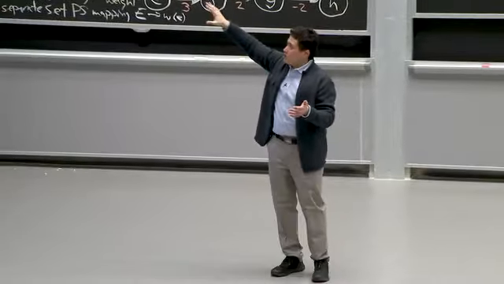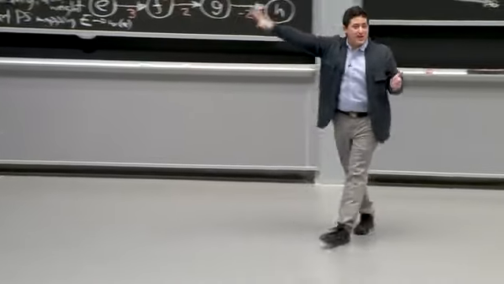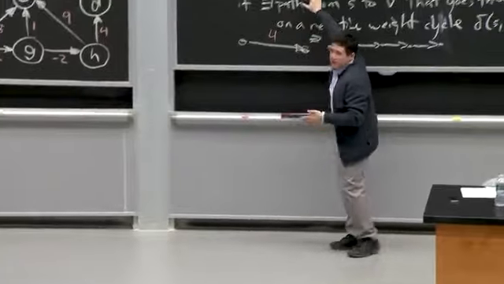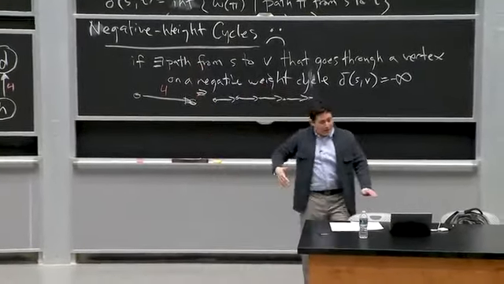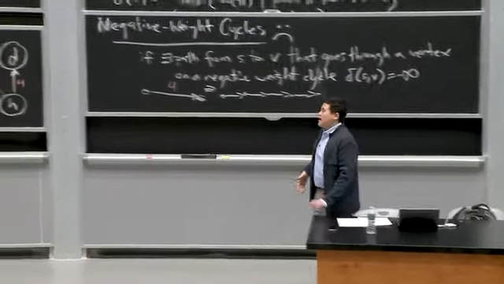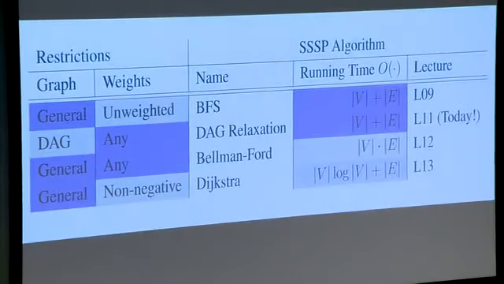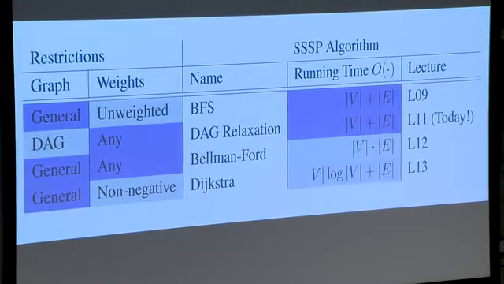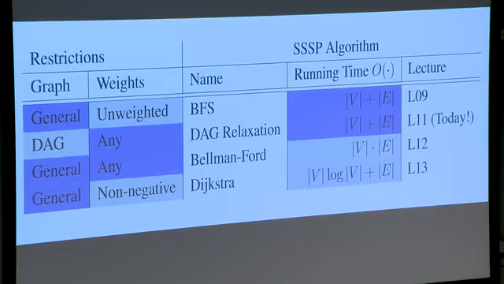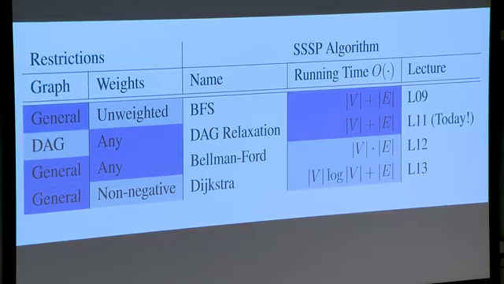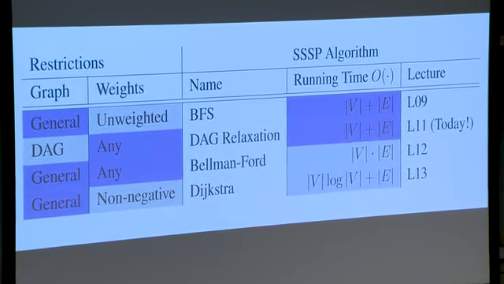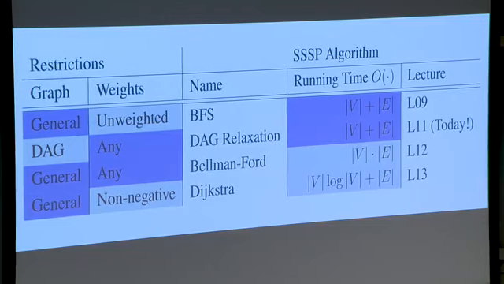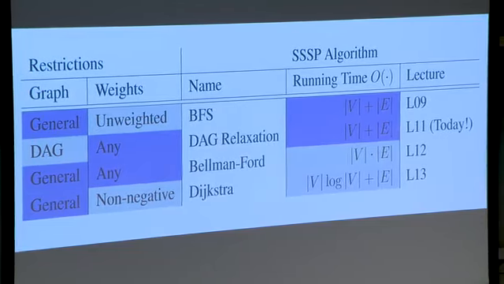So in the context where you don't have negative weights, you don't have this problem where you have negative weight cycles, we can actually do a lot better by exploiting that property, and we get a bound that looks a little bit more like n log n. It's pretty close to linear. You're losing a log factor on the number of vertices. But it's pretty good. This is called Dijkstra, and we'll get to that in 2 lectures. So that's the roadmap of what we're going to do for at least the next 3 lectures.